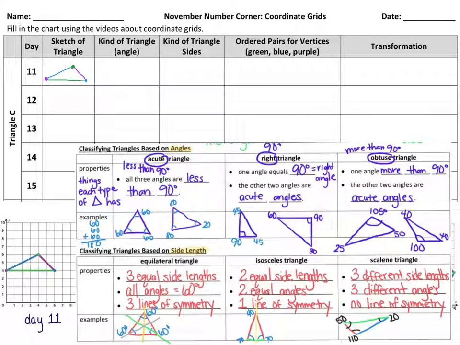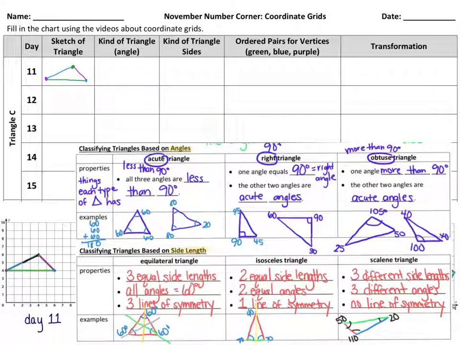Now, usually I take the edge of my paper and line it up so that the flat edge is along one side like this, and then put the corner on the corner of the angle that I want to see, and then my paper will show me a right angle, or a 90-degree angle.